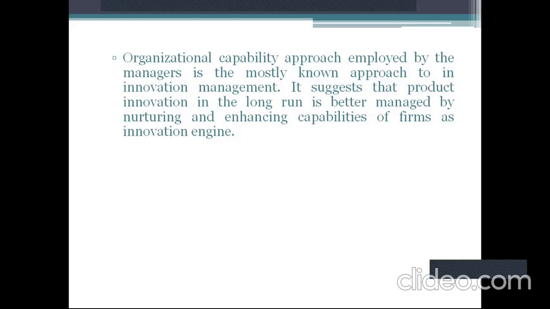If we want to have better chances for innovation in the future, then nowadays we need to nurture and enhance the capabilities of the firm as an innovation engine. Whatever preparation we are making today for a better tomorrow definitely helps us to become an innovative company, and that's how we can lead our efforts in the right direction of understanding and catering to innovation in the company.